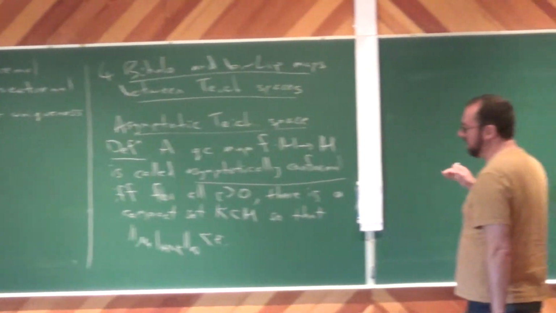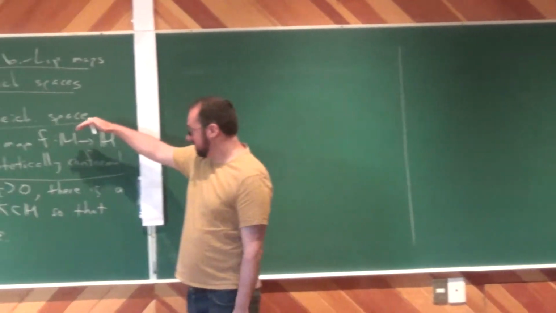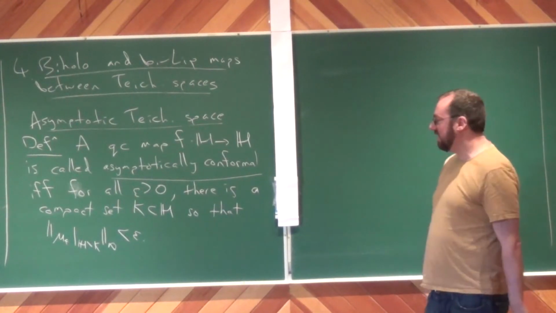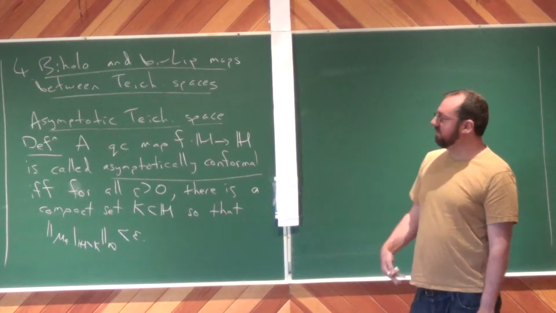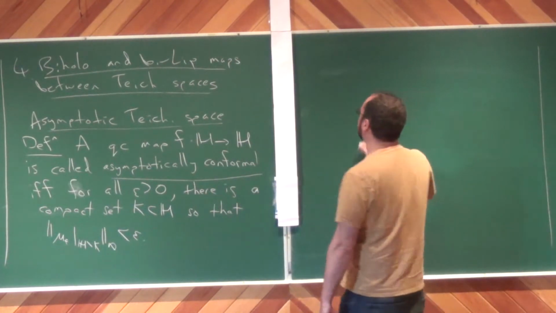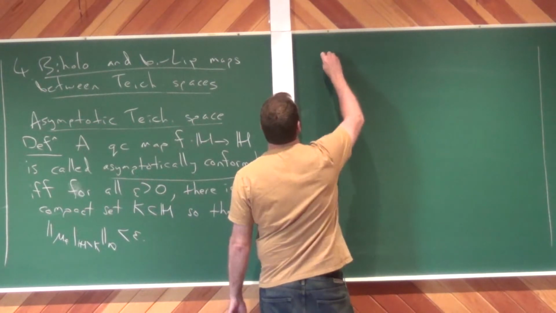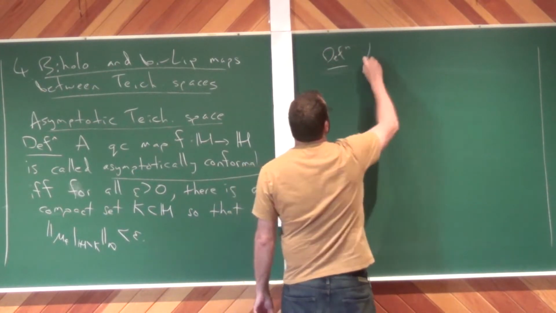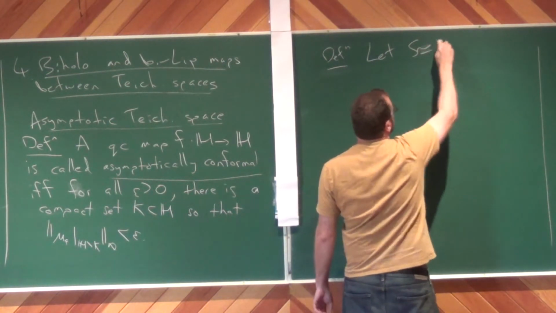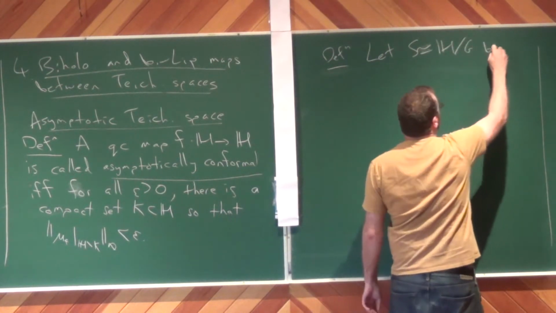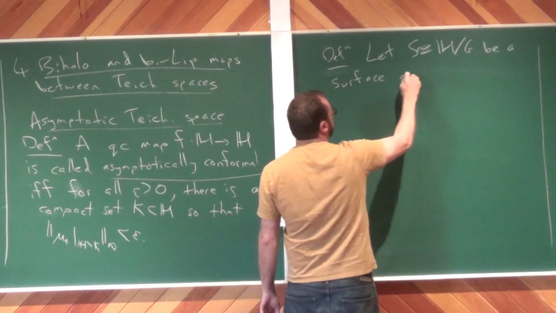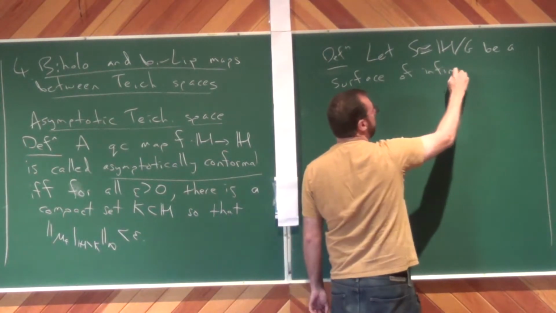So we can put an equivalence relation on quasi-conformal maps in the upper half plane and G-invariant quasi-conformal maps in the upper half plane to get a similar definition for asymptotic Teichmüller space based on the definition for Teichmüller space. So let S be a surface of infinite type.